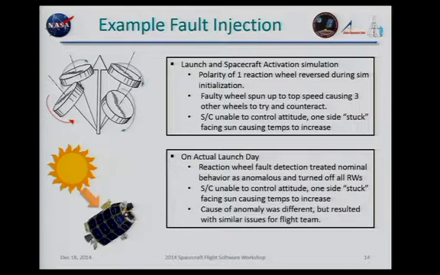So other types of anomalies that we can inject, I mentioned before, causing fuses to blow. We increased the albedo of the moon so that the thermal environment was not exactly as they expected, which was kind of what they saw. They had to adjust some of the temperature limits they had set because the thermal environment was a little bit different.